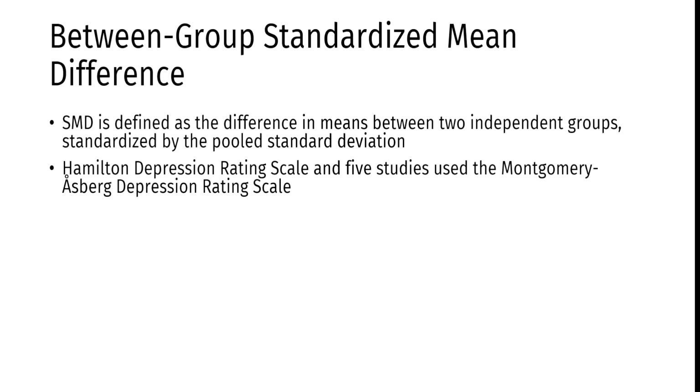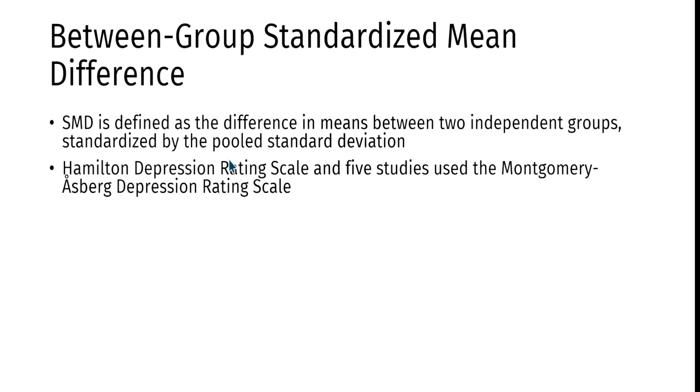Let's say you're doing a meta-analysis of trials on depression, and you may have many studies, and many different scales. Some studies may use the Hamilton depression scale, and 5 other studies may use the Montgomery-Asberg depression rating scale. These are two popular scales, at least in depression research, though I don't work in depression research, so don't quote me.